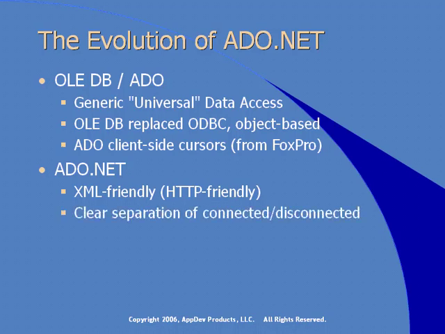In ADO.NET, there's a much clearer separation than we had in the previous ADO object model between the connected and disconnected data objects. In fact, in ADO, many people never even realized that there were these client-side cursors that you could create. They would just open record sets, and they would be connected to the database continuously.